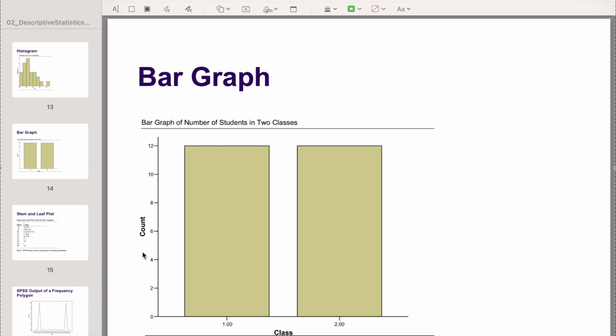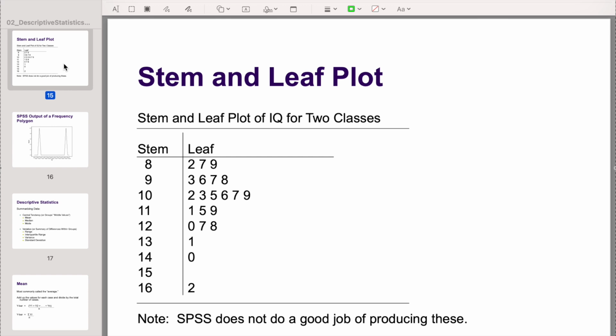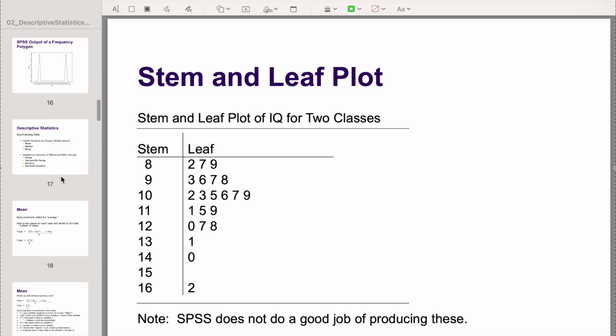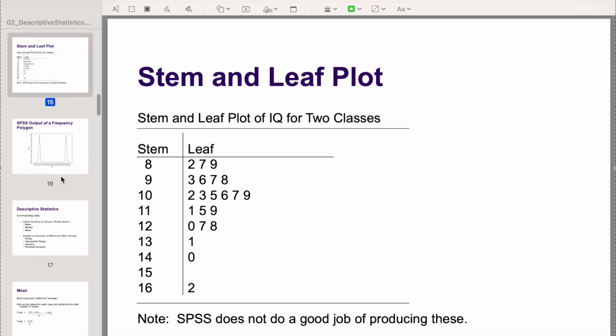So the count is shown over here on the left side, that is on the vertical axis, and we can see that both of these bars have the same height because the number of students in two classes was the same. Other visualizations of statistical measures that can be computed are the stem and leaf plot.